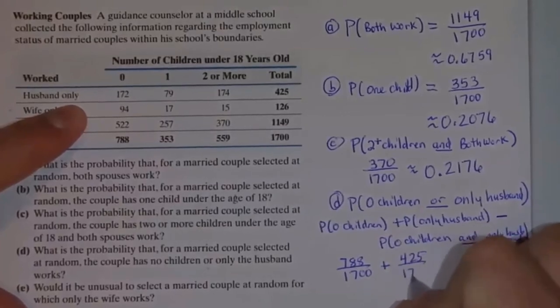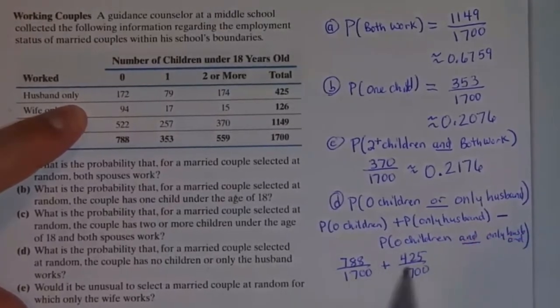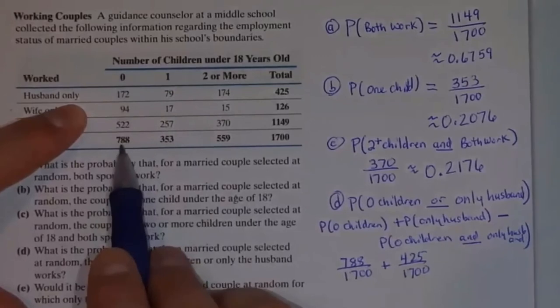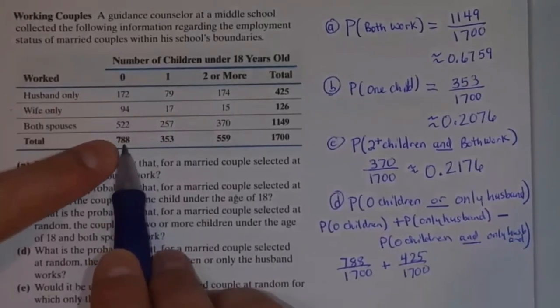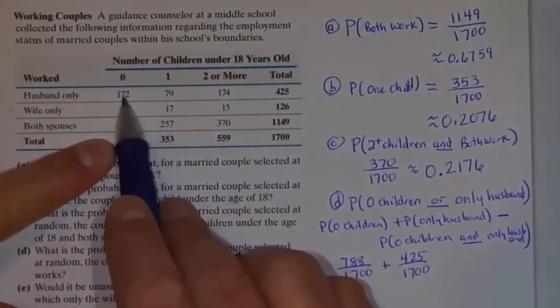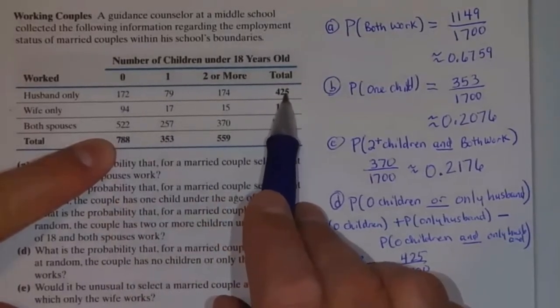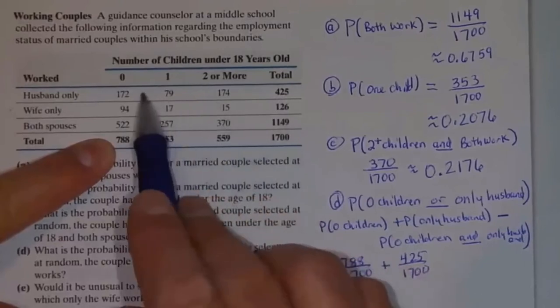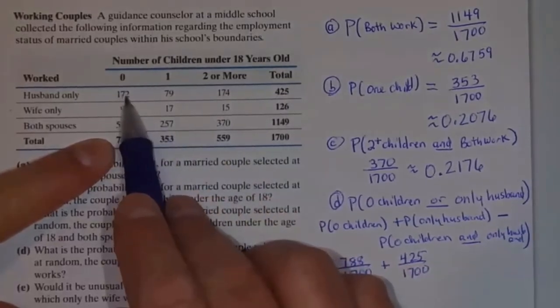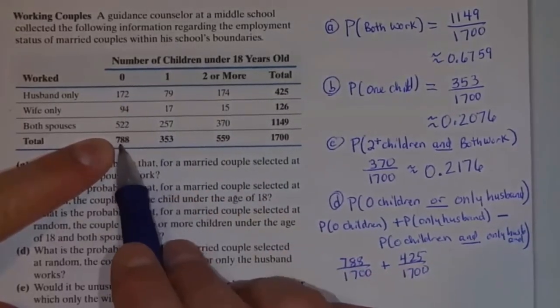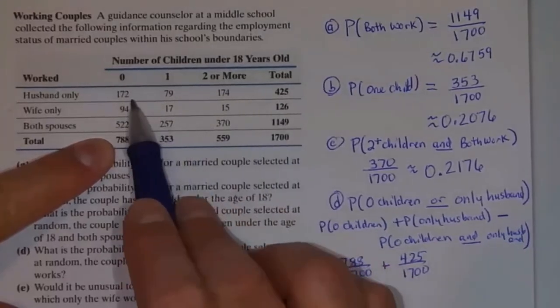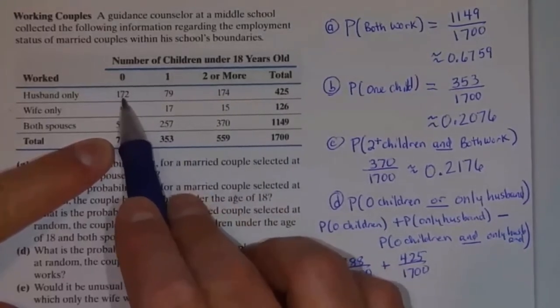But again, the problem with just adding those together is that in these 788 couples, 172 of them have only the husband working. In these 425 couples where only the husband works, 172 of them have 0 children. So if I just add this and this, that 172 is being counted twice.